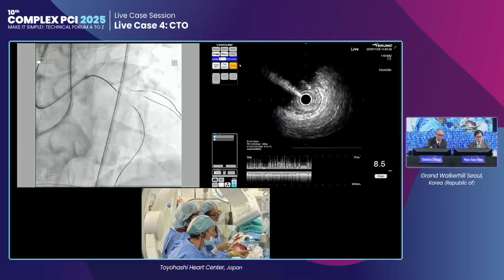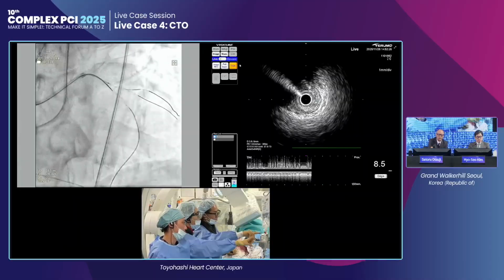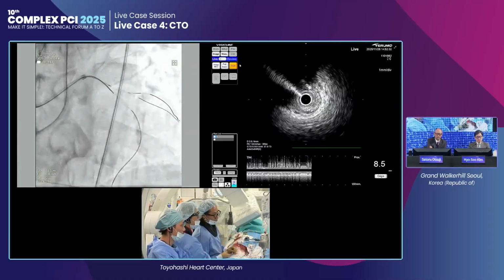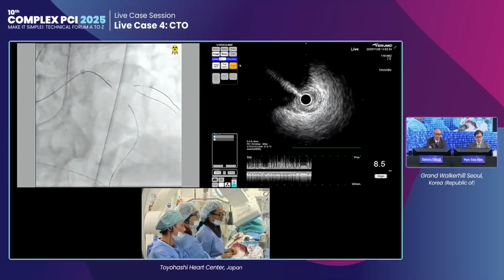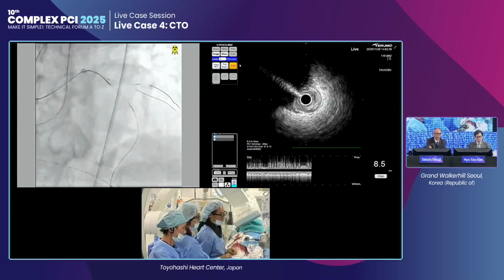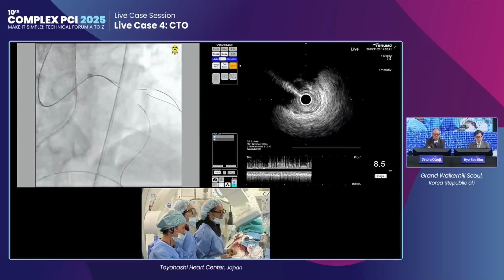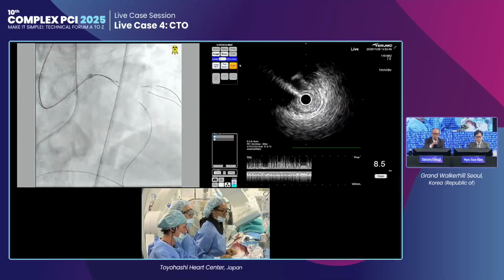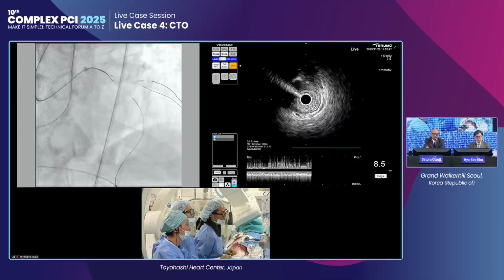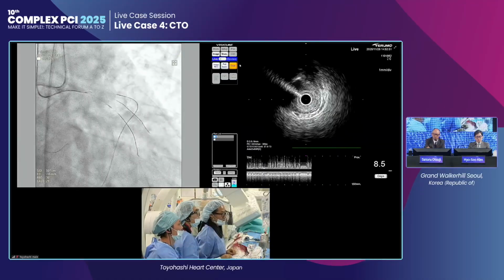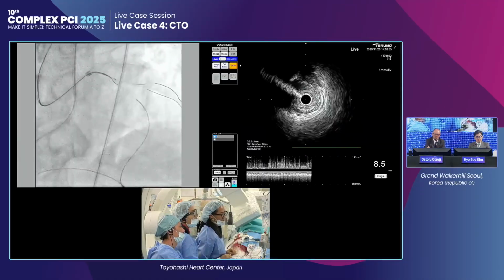This is also a little bit difficult situation. But now you can handle the guide wire along the distal retrograde guide wire.